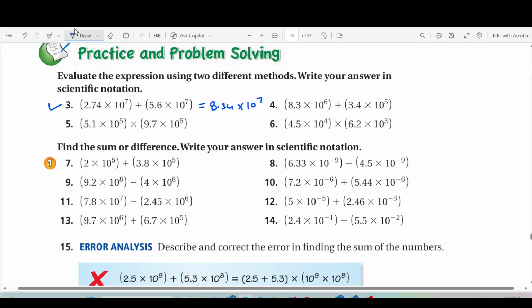Okay, try this number 13. 16.4 times 10 to the power of 11? No. When you add them, 9.7 and this, 10 to the power 11.